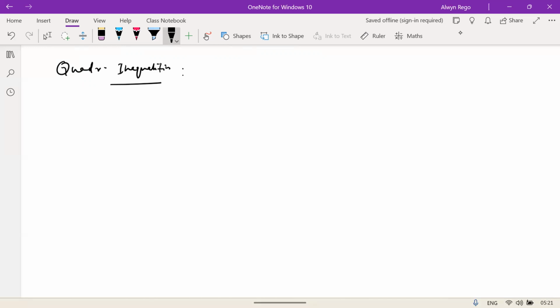So let's say you have the inequality x squared minus 5x plus 6 is more than 0. What are the values of x for which this expression is more than 0? You cannot randomly put any value. Supposing I put x equal to 1, you'll find 1 squared minus 5 into 1 plus 6, which is 2, maybe this is more than 0.